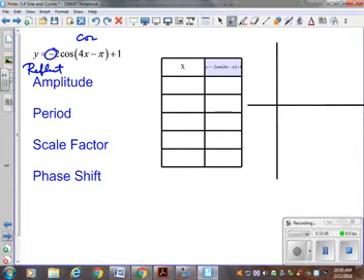If I had cosine of negative 4x plus pi, that negative I'd have to take out. And if I take it out, I have to take it out of all of it. So it would become 4x minus pi, because you have to take it out of all of it. This one I can't do that because in this one it's already out. And you can't drop it if it's already out.